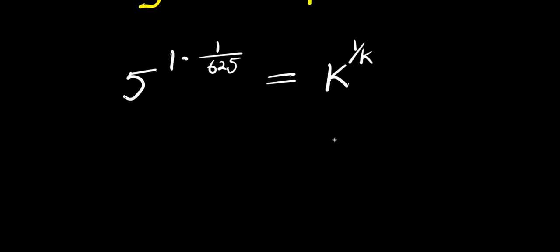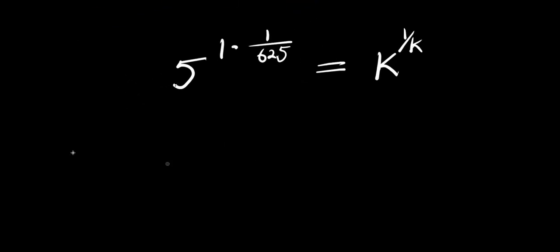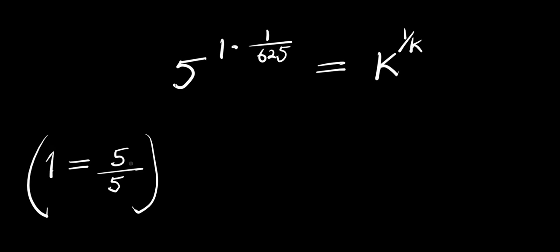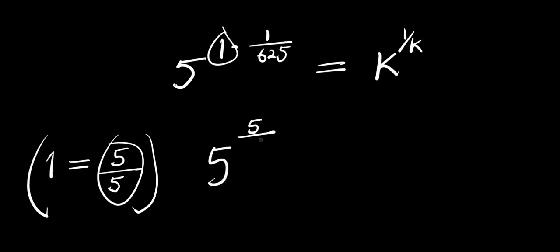And what we need to know is that 1 is the same thing as 5 divided by 5. So instead of writing 1 here, I'm going to replace it with 5/5. So I have 5 power 5/5 times 1/(6/5). This equals k^(1/k).